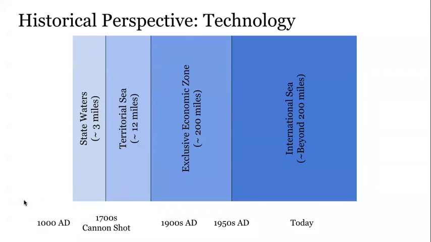Early ocean travelers, examples, Macedonians, Egyptians, Greeks, Romans, Vikings, etc., all used small water vessels to move about the coastline. And they, for the most part, stuck really close to the coastlines. Sometimes they moved over. I know we have Atlantic crossings, that sort of thing.